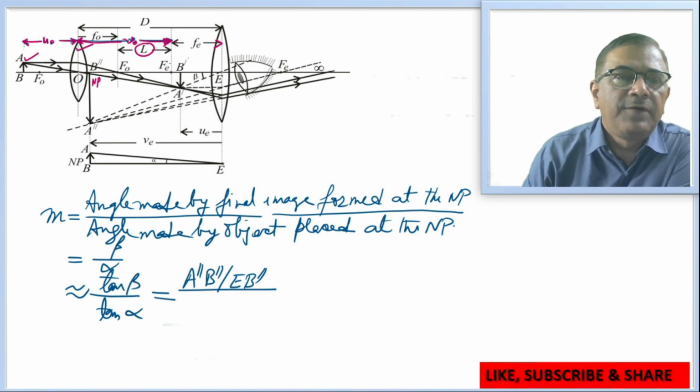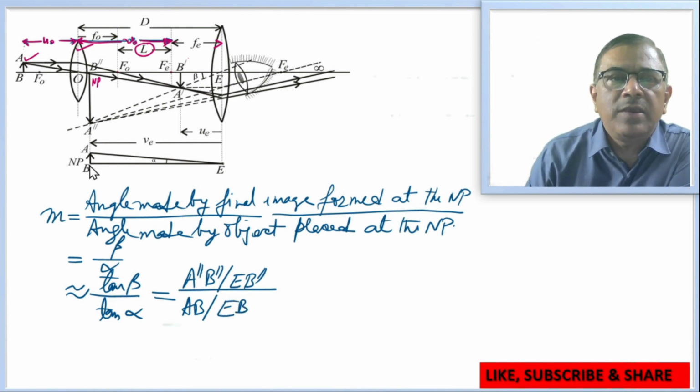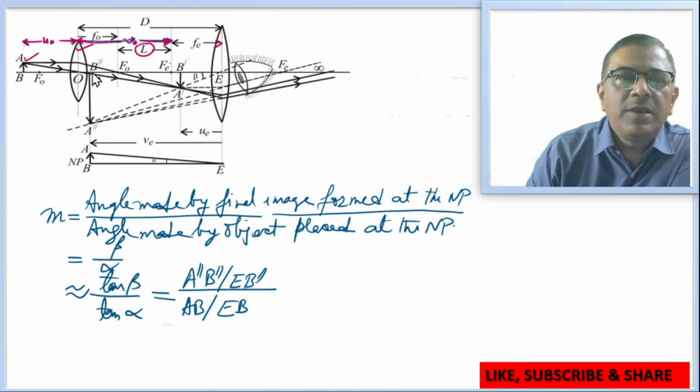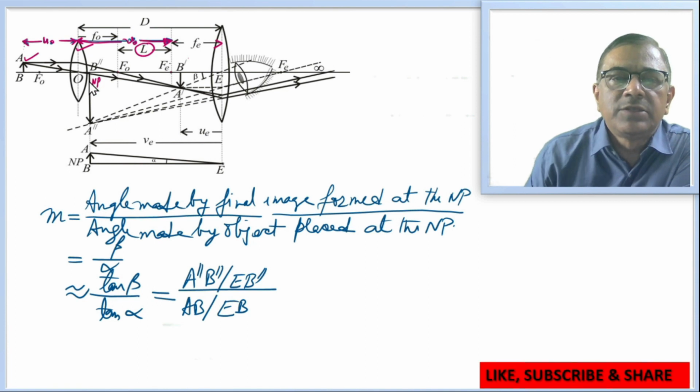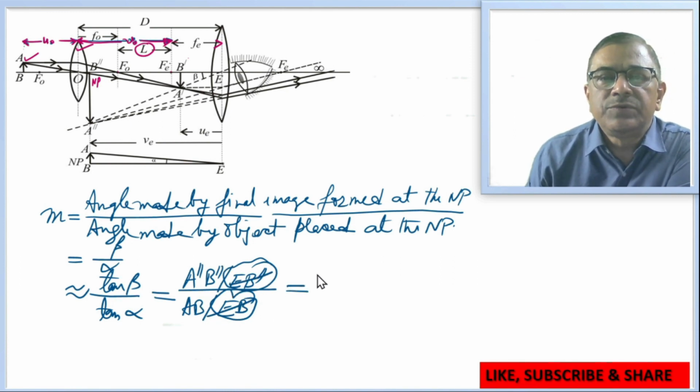And what about tan alpha? Tan alpha, you can also see in this diagram, is equal to AB upon EB. Because the object AB also happens to be at the near point, point B effectively coincides with point B''. So this EB'' and EB are the same, they can be cancelled out, and hence this is equal to A''B'' by AB.